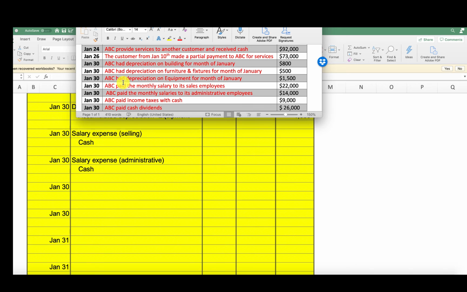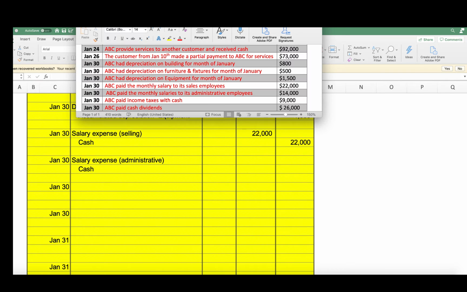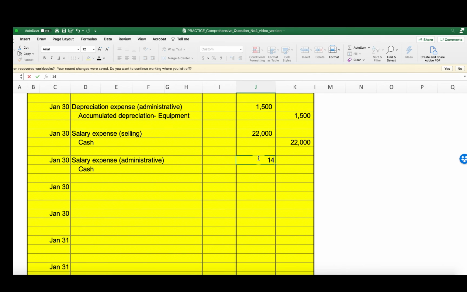So if we look here, the salaries to the sales employees was $22,000. So this one is going to be $22,000. And cash, $22,000. And then the salaries expense to the administrative employees was $14,000. And so $14,000 here and $14,000 here. So I go down and I post that.